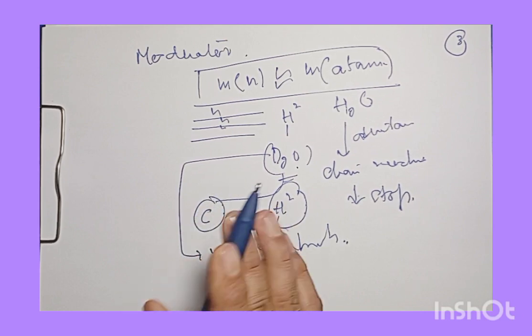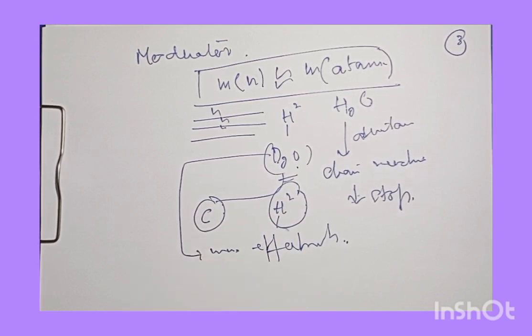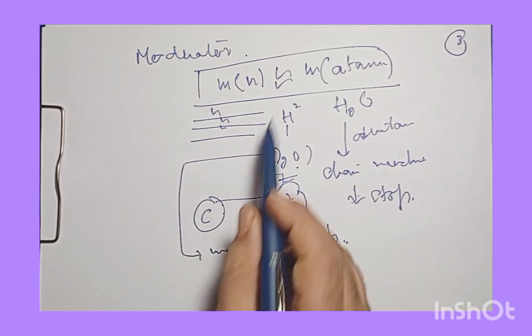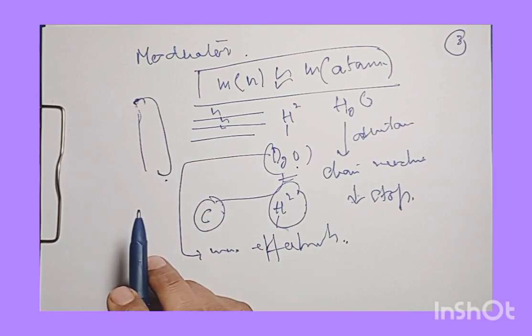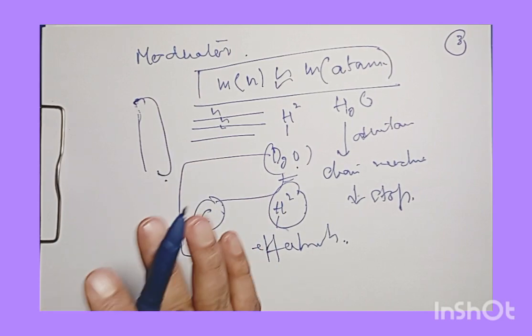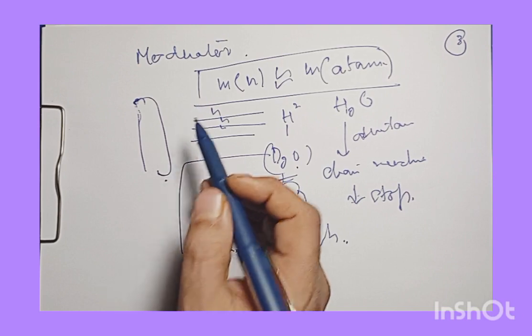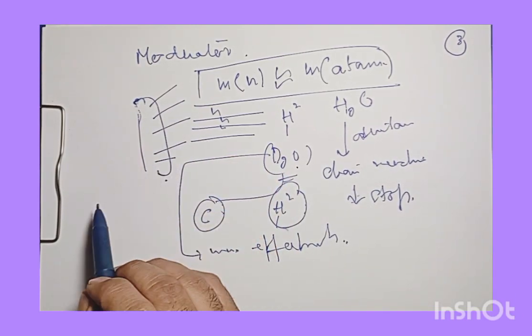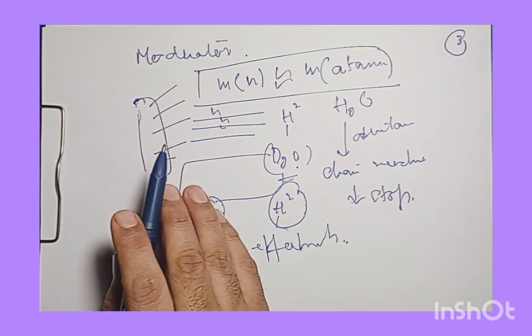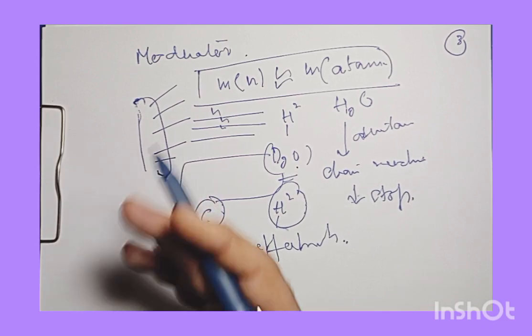Now, if the size of the fissionable material that we have is small, the neutrons emitted will escape the fissionable material before they are slowed down.